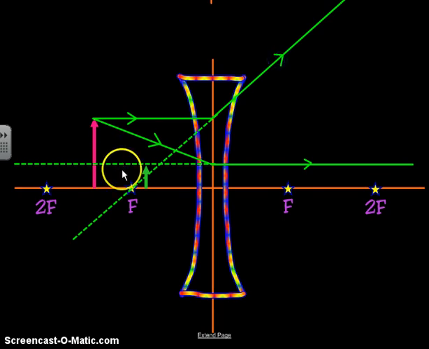And then the next thing that I do is I draw a line that would go through the focal point on the other side, but I stop when I get to this middle line, and then I draw a line parallel to the principal axis here. These two refracted rays get extended backward as dashed lines, and the point where the two dashed lines meet gives us the tip of our image.